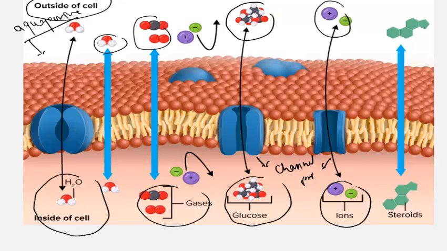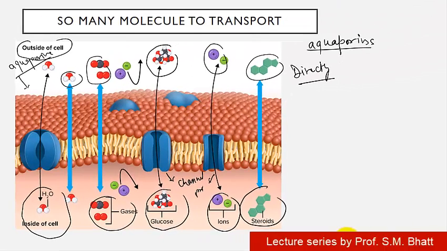For example, if a steroid has to pass, you can see it passes directly through the membrane, a kind of direct transport. Why?